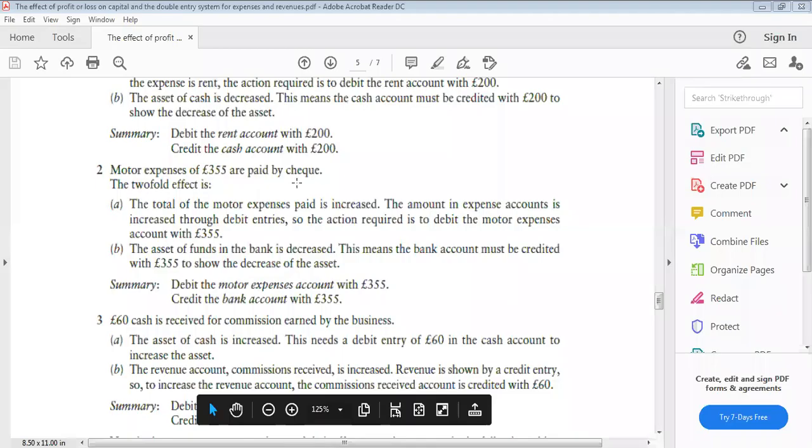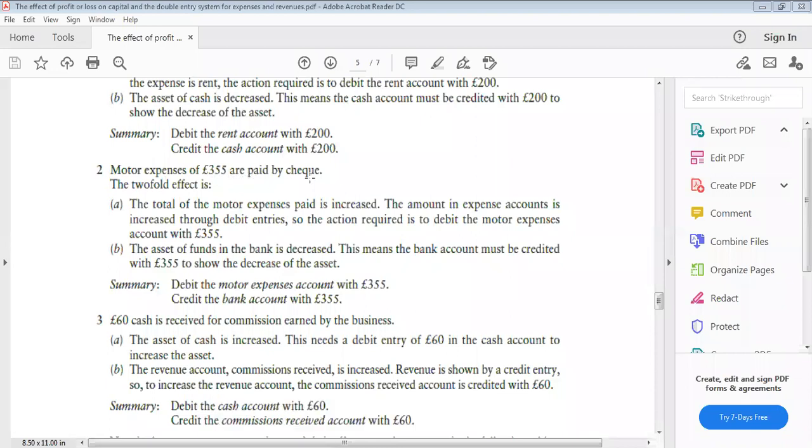Remember, go back to the question first. The question says, motor expenses of $355 are paid by check. The twofold effect is that the total of the motor expenses paid is increased. The amount in the expense account is increased through debit entries.